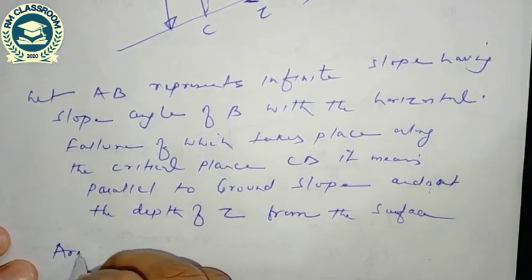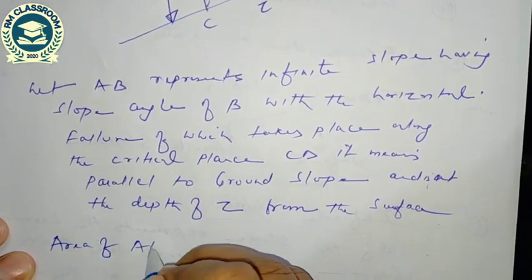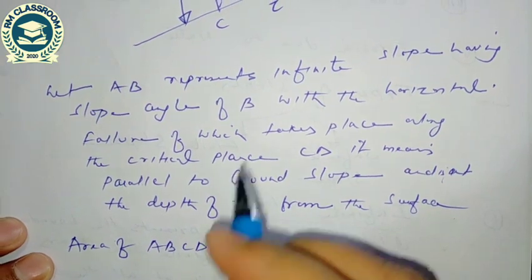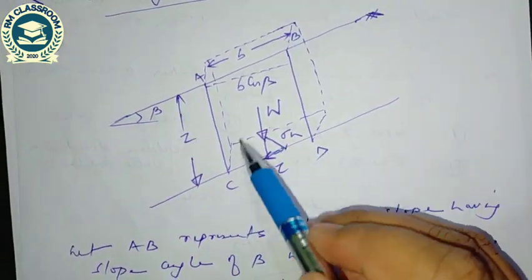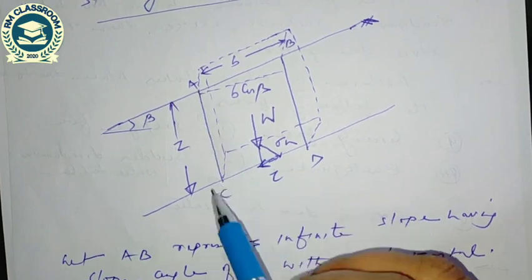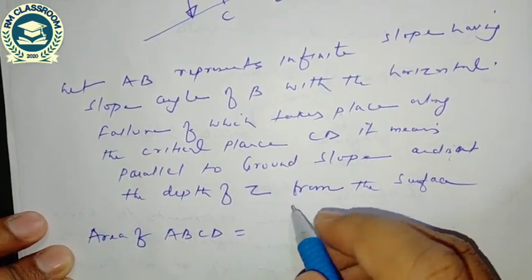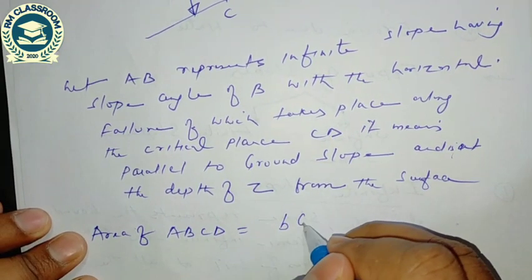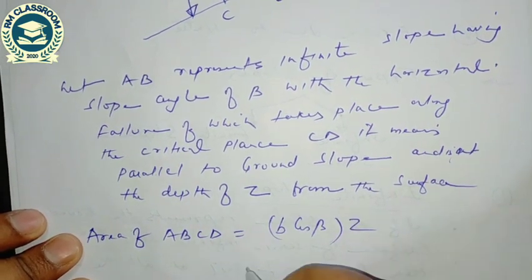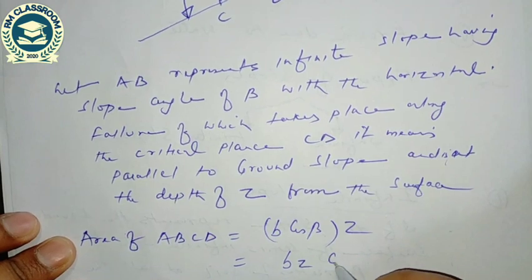So area of ABCD is how much? Area of ABCD is Z into B cos beta, so it is coming BZ cos beta.